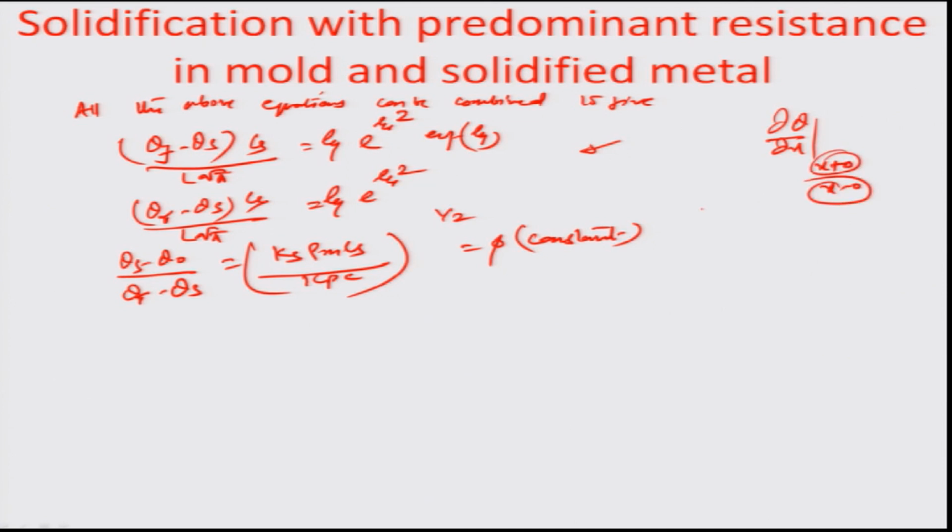And so, the three unknowns, namely theta s, theta infinity and zeta, can be solved from these three equations.